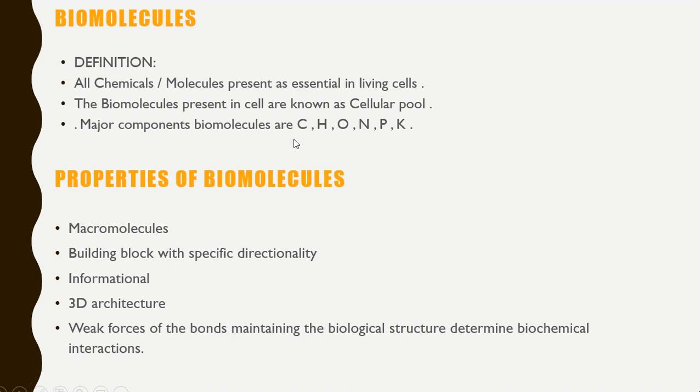Along with these two, it may also contain oxygen, phosphorus, sulfur, nitrogen and other elements, but these are less common. Majorly they are called hydrocarbons. And these biomolecules present in the cellular pool function as raw materials for carrying out various biochemical reactions.